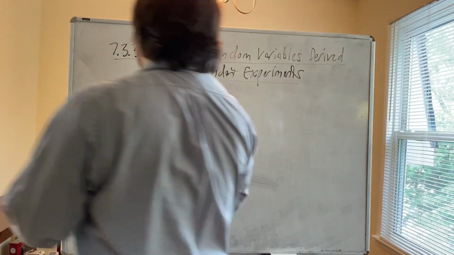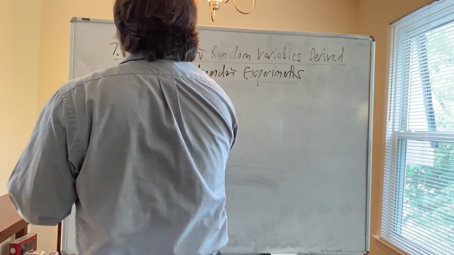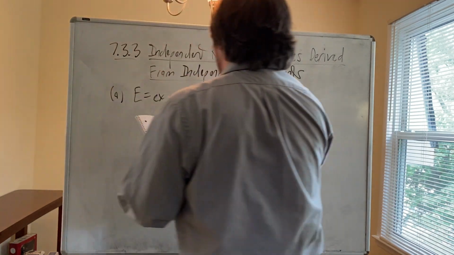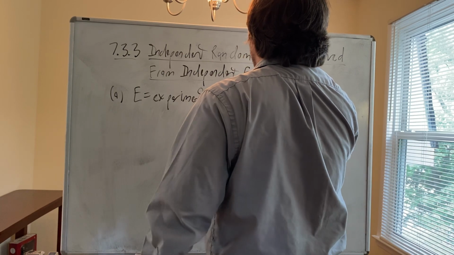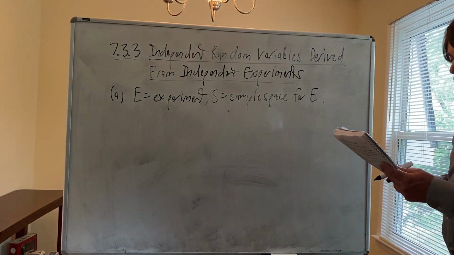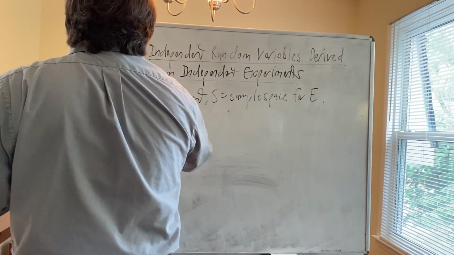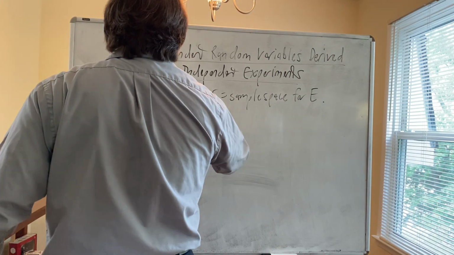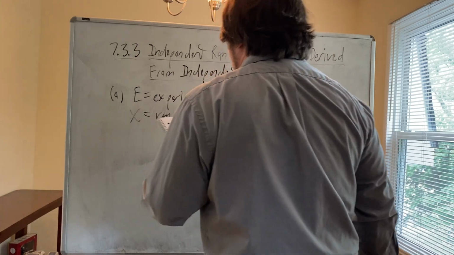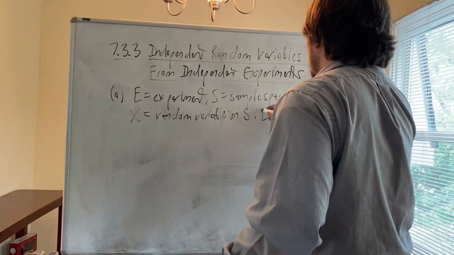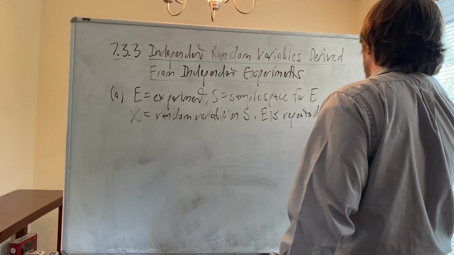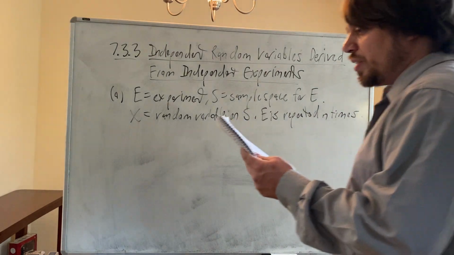So let's look at part A here. A says, let's say capital E is an experiment. Let's say capital S is the sample space for that experiment, capital E. And let's say capital X is a random variable on your sample space capital S for that experiment capital E. The experiment capital E is repeated n times under identical conditions.